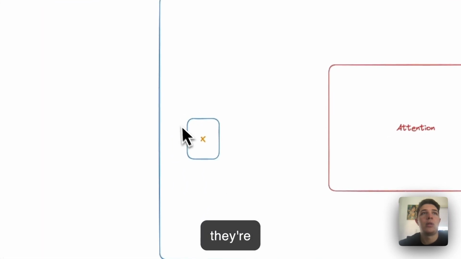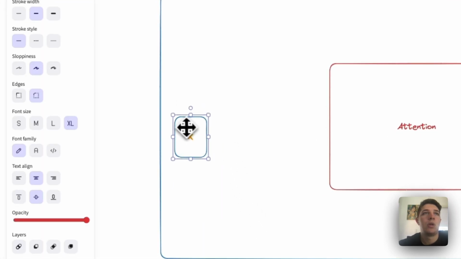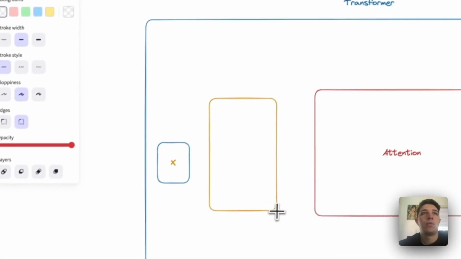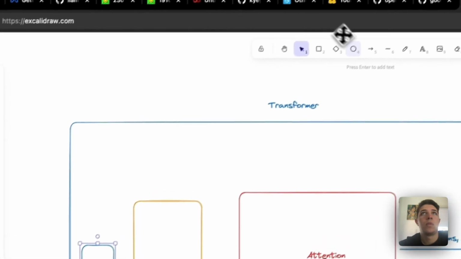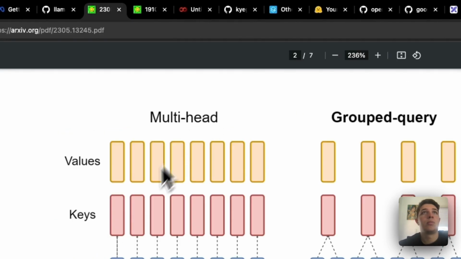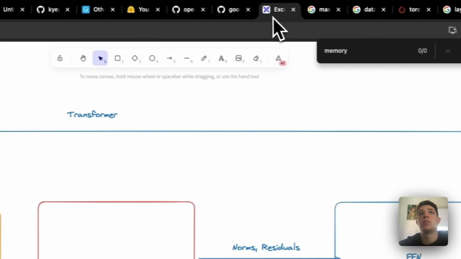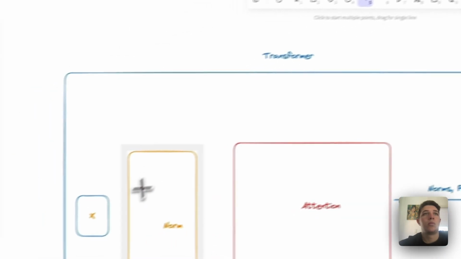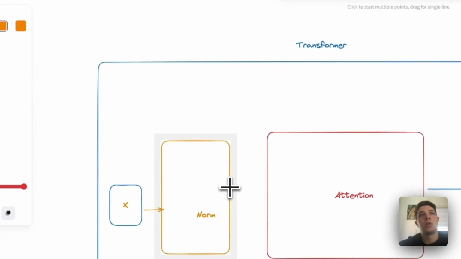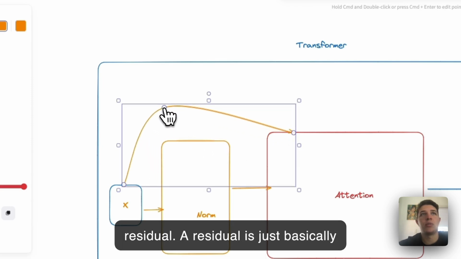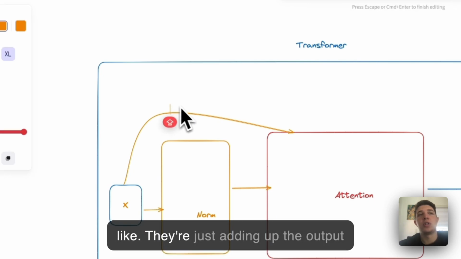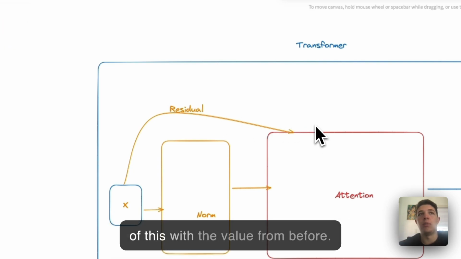So they're applying a norm. Then that's going to the attention. But this is a residual. A residual is just basically like, they're just adding up the output of this with the value from before.